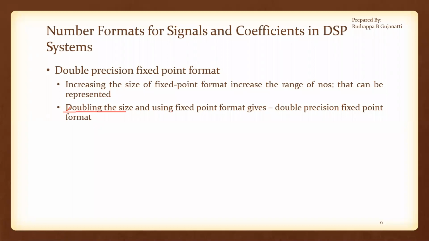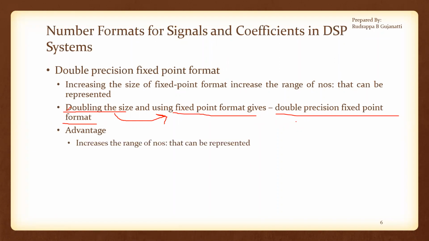You are doubling the size, and you are using the fixed point format. So this one gives me what is known as double precision fixed point format. Now what are the advantages when I go for double precision? Definitely range has increased. Range increases in this case, that is how many numbers I'll be able to represent.